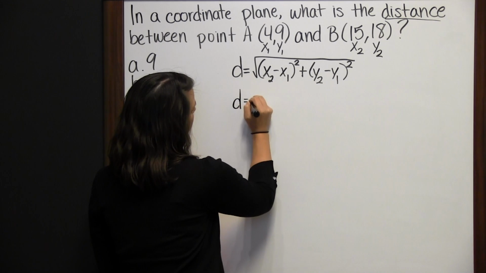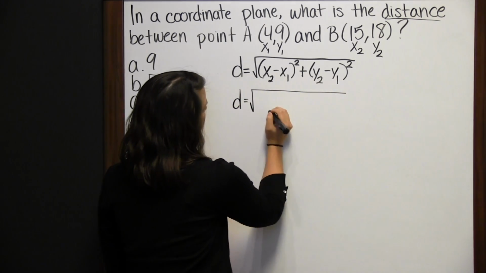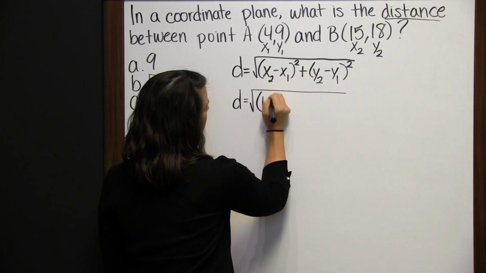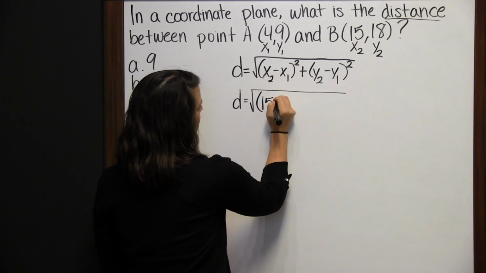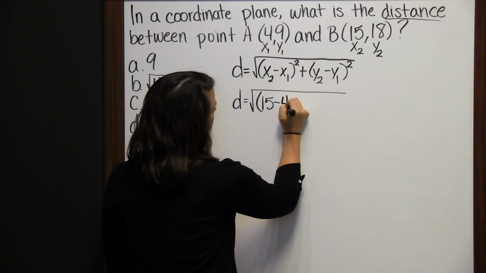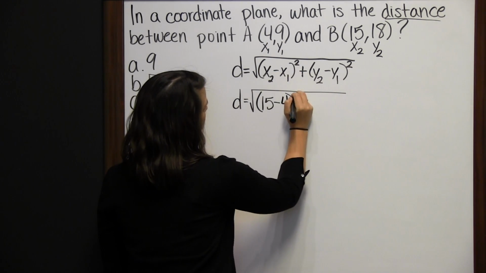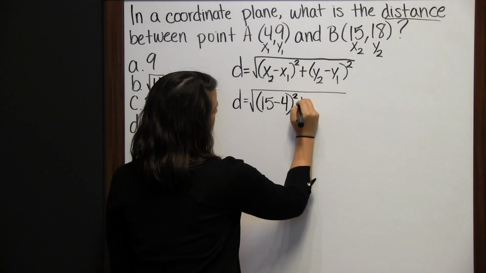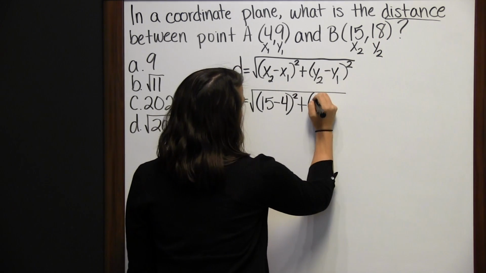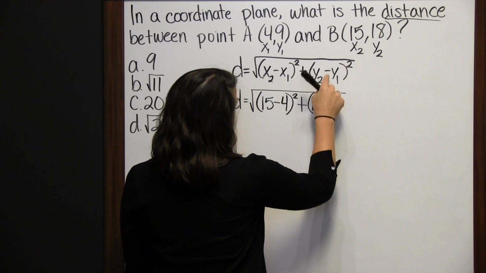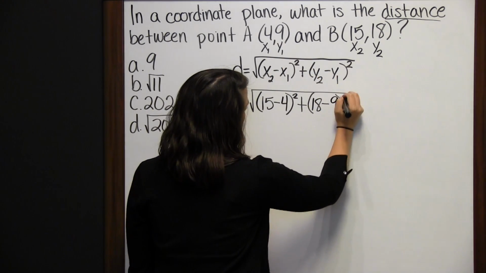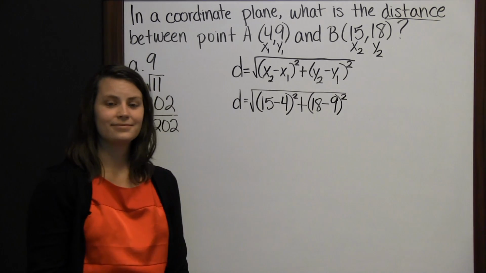So distance equals the square root of x2, which is 15, minus x1, which is 4, squared, plus y2, which is 18, minus y1, which is 9, squared.